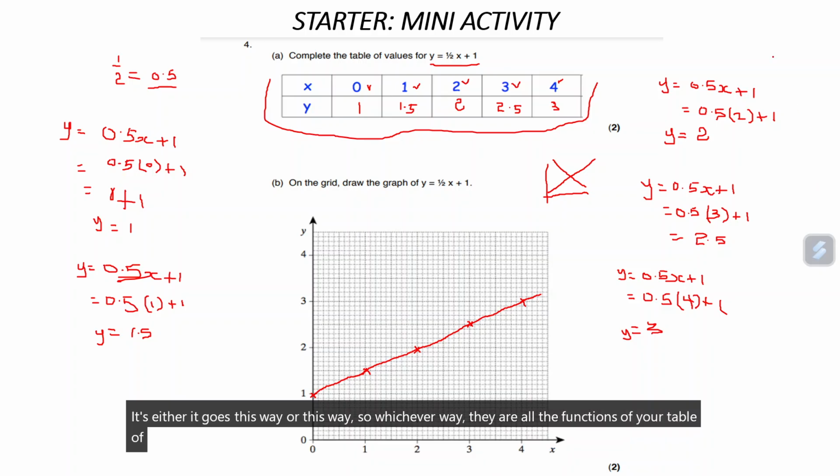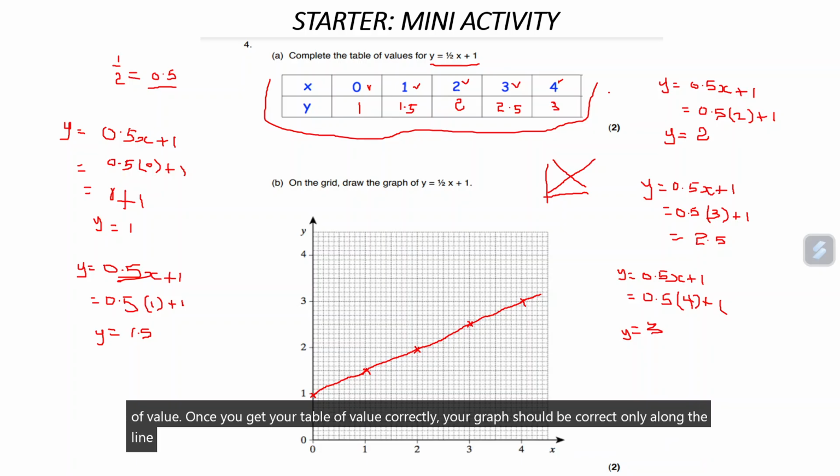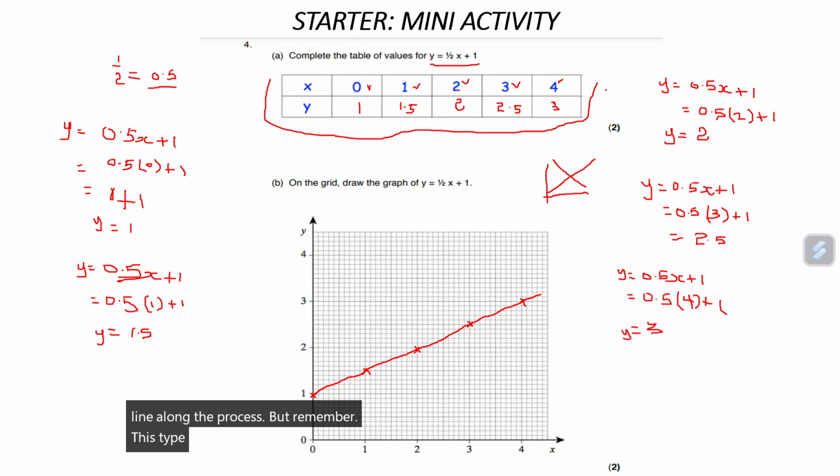Once you get your table of values correctly, your graph should be correct along the process. Remember, this table of values is very important.